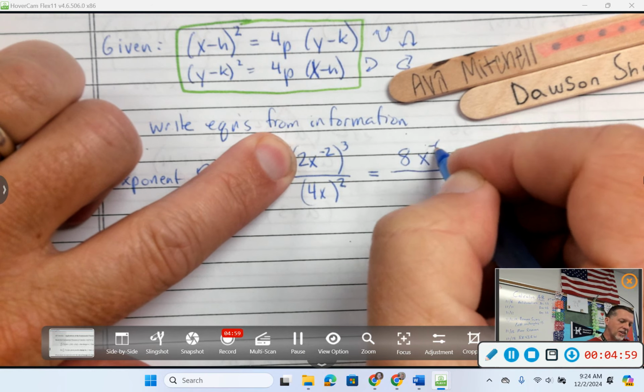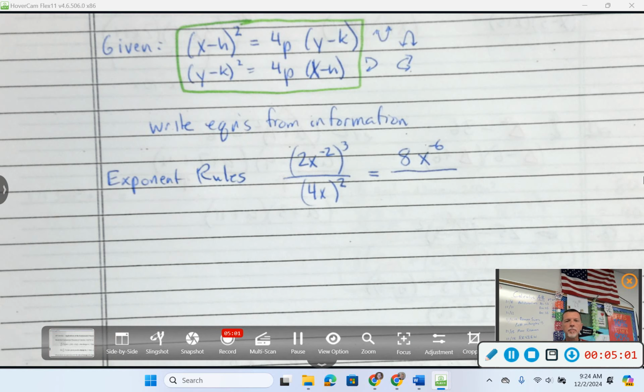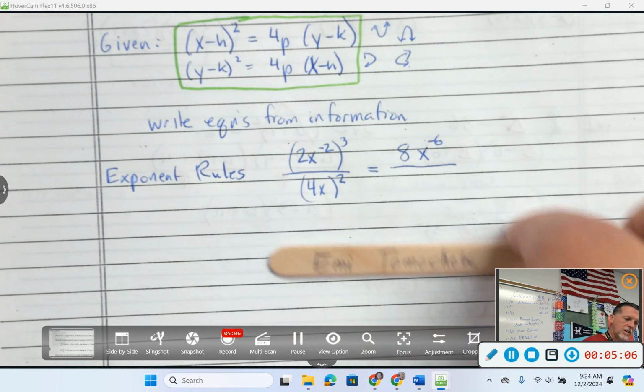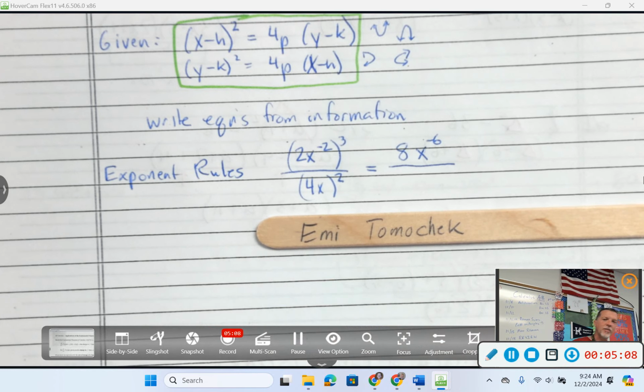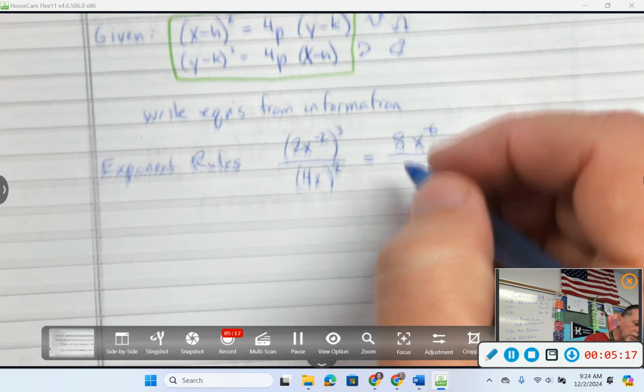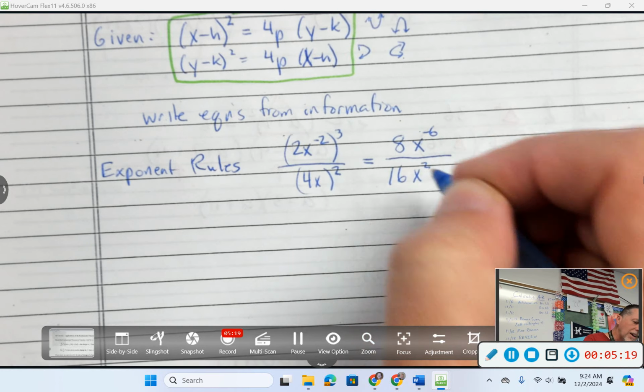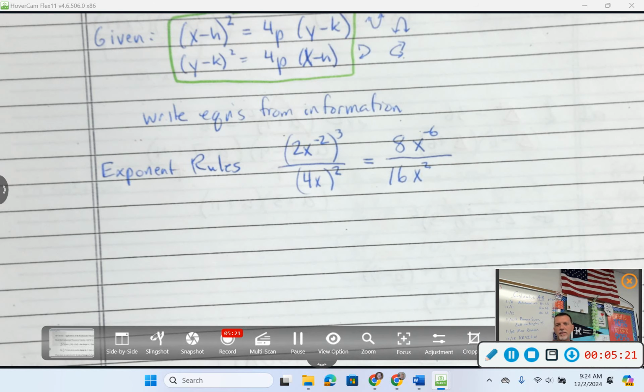Good. Negative 6. And then in the bottom, Emmy, why don't you square all of that for us? Double up your workload here. Just 16x squared. Good. I was hoping you would say 16x squared, not 4x squared. You got to square both pieces.